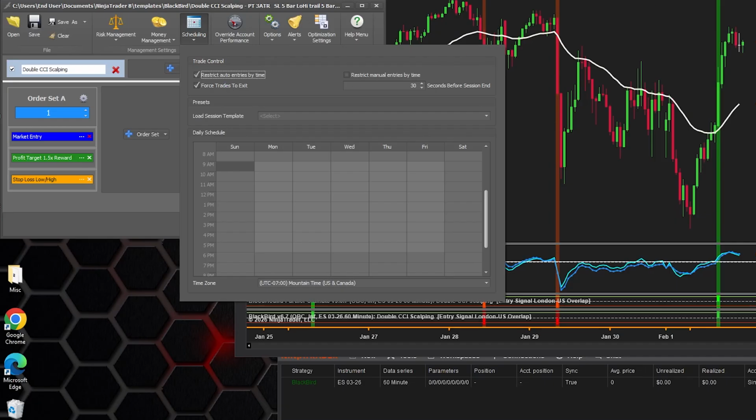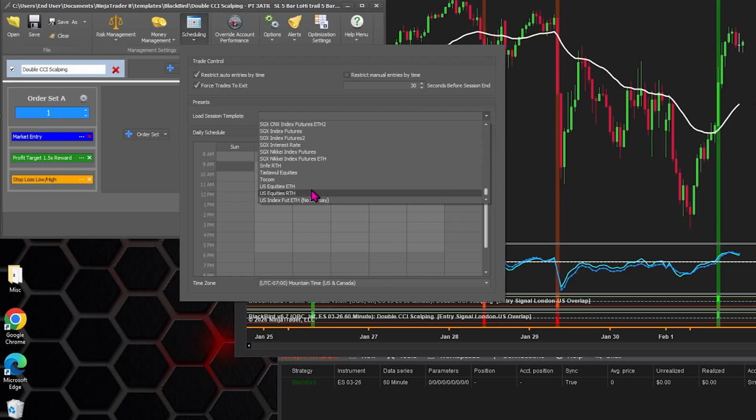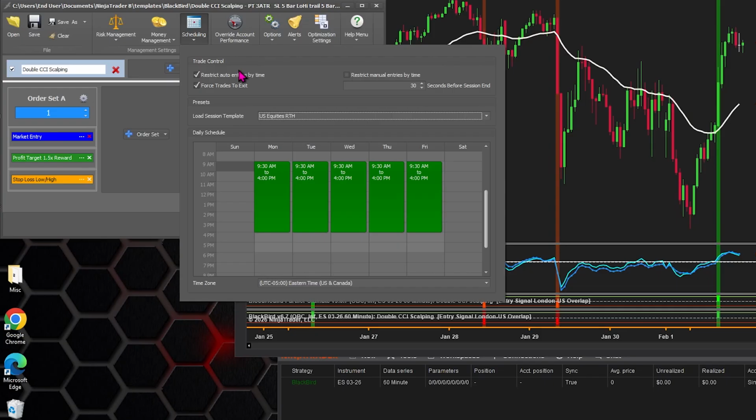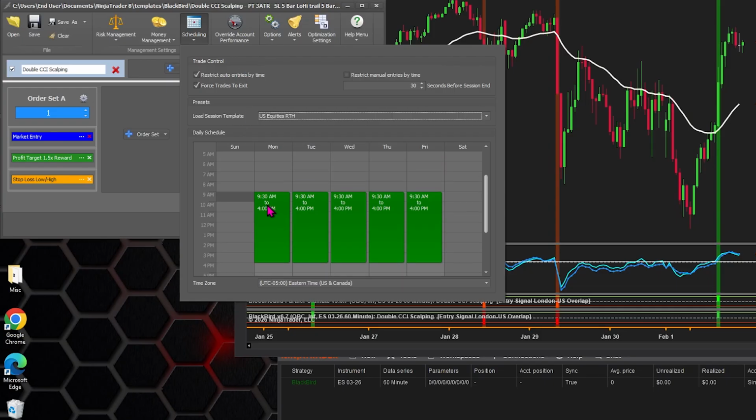Keep in mind that there's already a Bloodhound logic template set to US RTH, so we don't really need the scheduling to restrict the trading, but you might want to use it just so that you are forcing those trades to flatten out by the end of the day. All right, with that concludes the double CCI system.